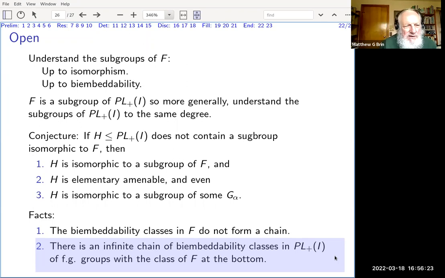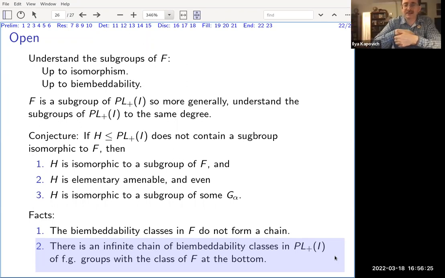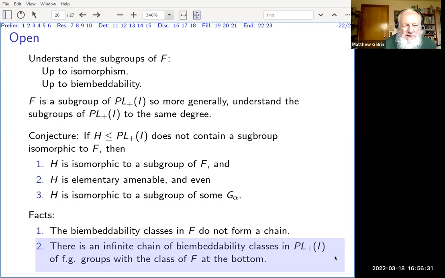So let's just say any subgroup. Any subgroup, I see. Wait a second. It's remarkably easy to contain a copy of F. It is extremely restrictive to have a subgroup of PL plus I that does not contain a copy of F. If your subgroup has two slopes that are not rationally related, it will contain a copy of F, and so forth and so forth and so on.